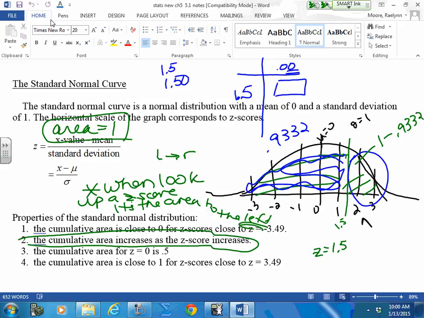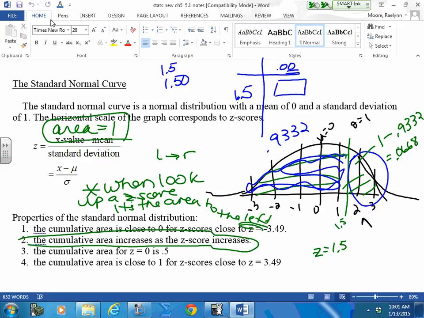So in your calculators, do 1 minus 0.9332. Your total area has to equal 1, doesn't it? So if one part is 0.9332, the other one is 1 minus 0.9332, which is what? Which is a little bit less than 7% of your area under your curve to the right of it. The total area has to equal 1.